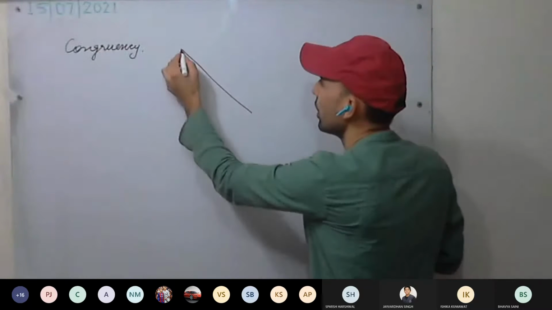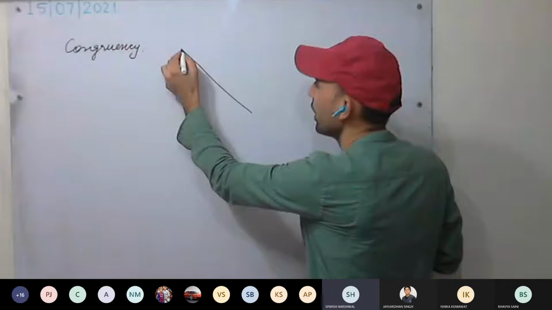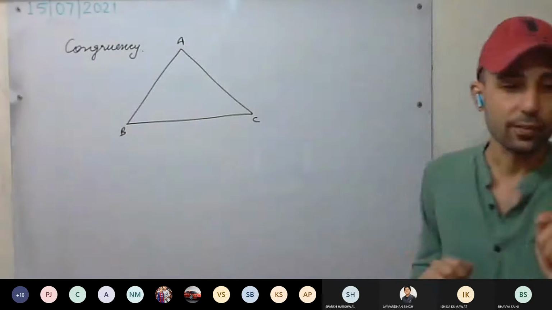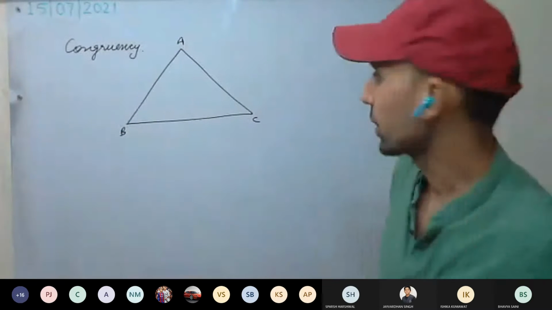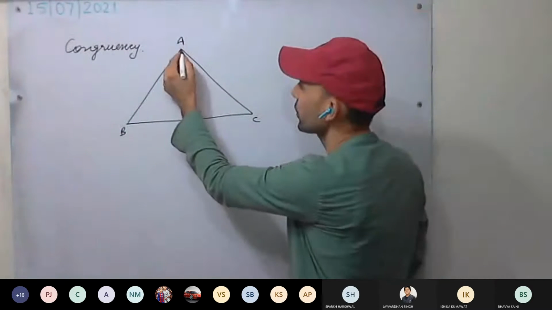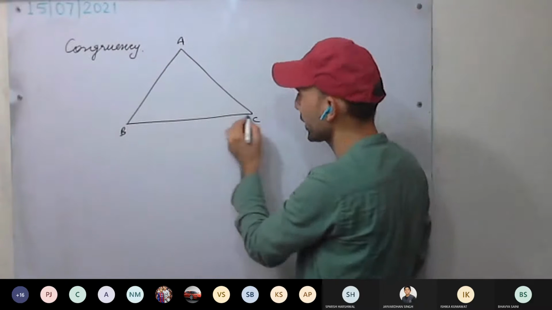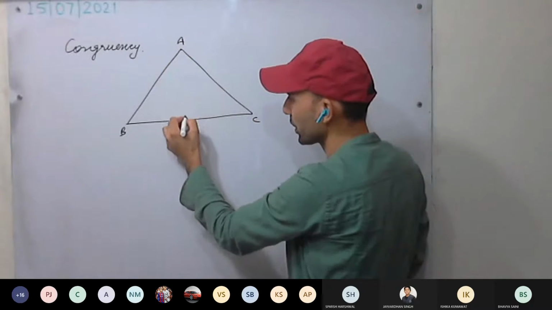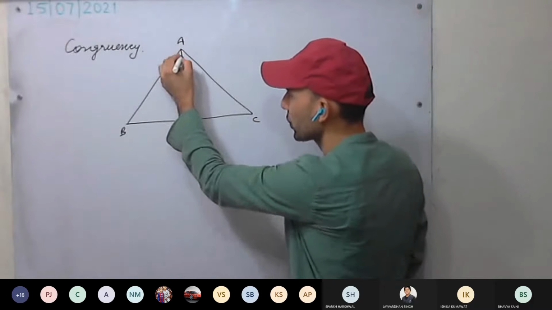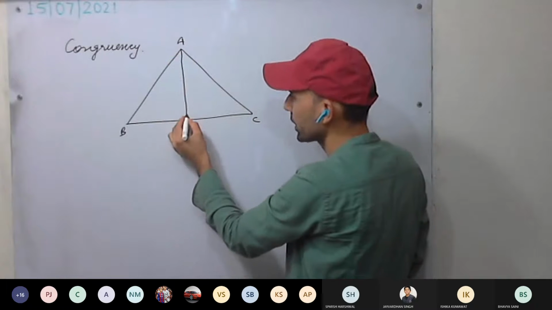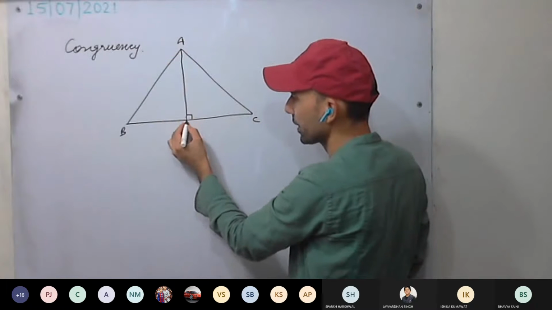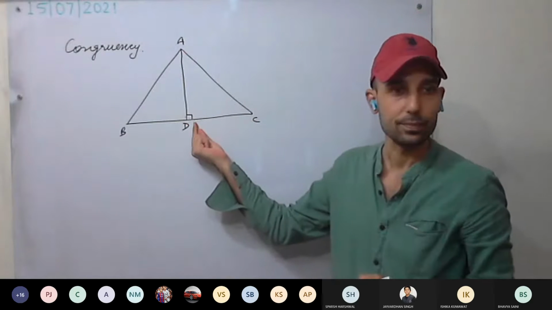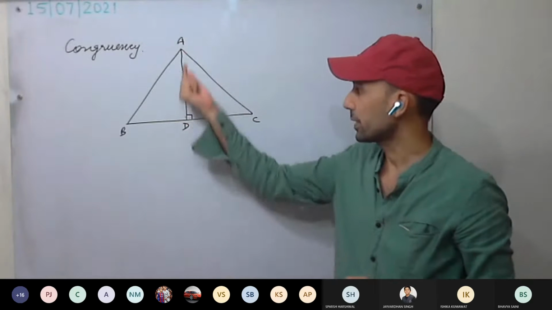So any triangle we take, A, B, C. Now if we have to draw the altitude from A to the side BC, we draw a line on BC such that it meets at 90 degree. Okay, this is the altitude.